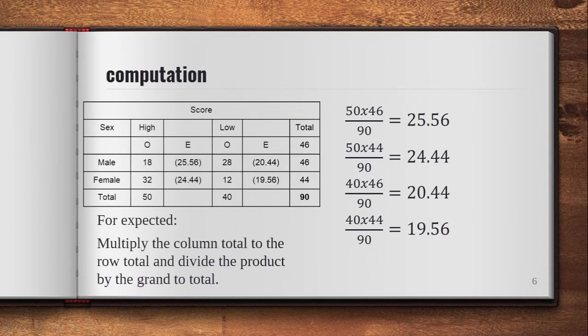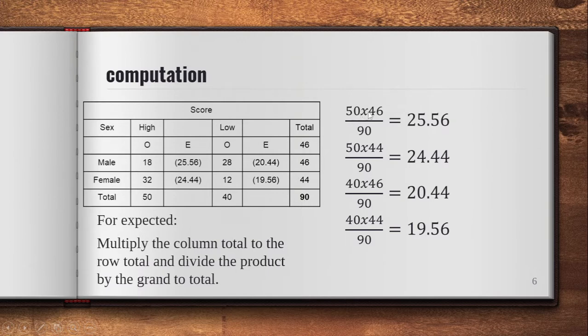Now, to find these expected frequencies, the total of the male column, high and low, is 46. So this is the grand total in this table. Now, the high total is 50, the column is 46, and the grand total is 90.